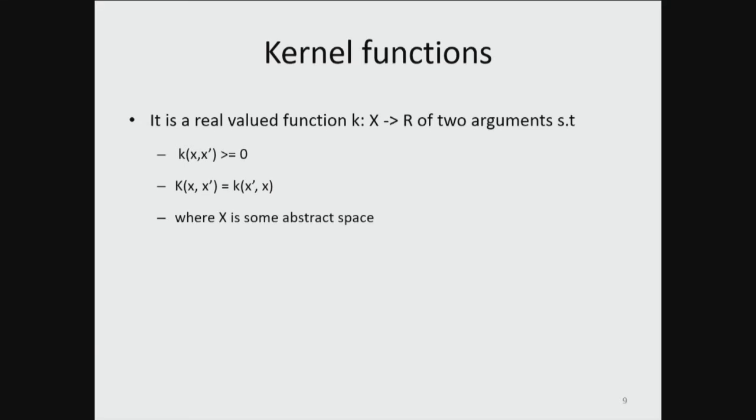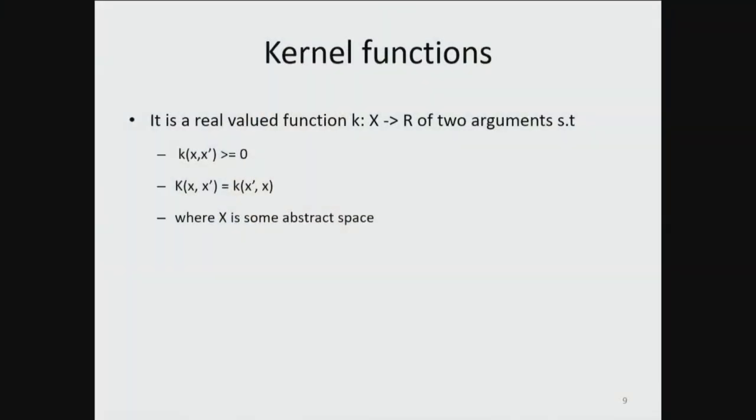We take any two instances of that particular class and we define a function k such that k of x, x dash is greater than or equal to 0. That means the kernel function is non-negative, and k of x, x dash, that is the distance between x and x dash, will be the same as that between x dash and x.